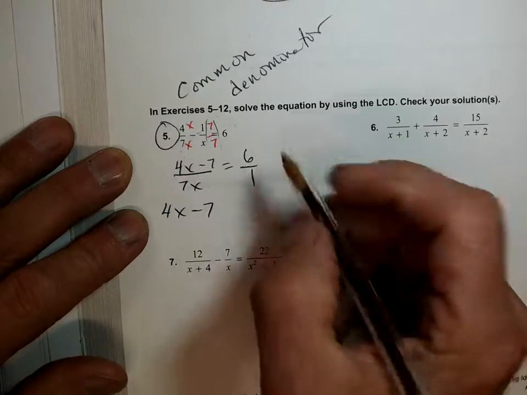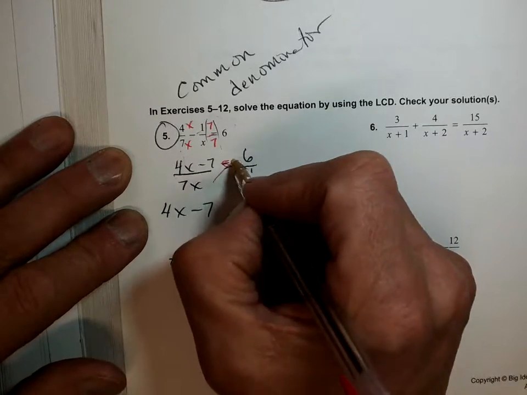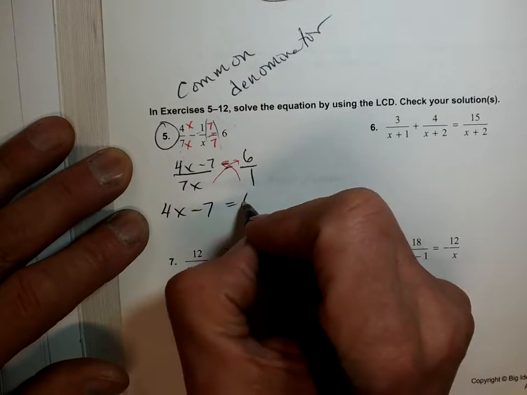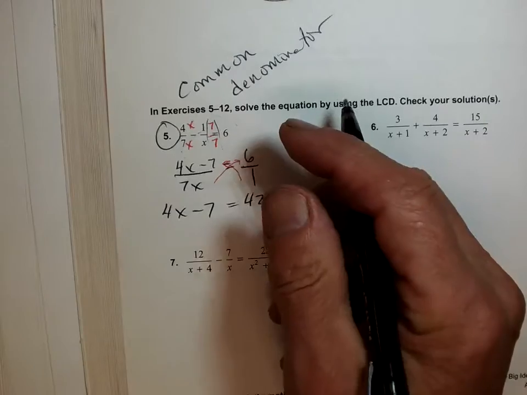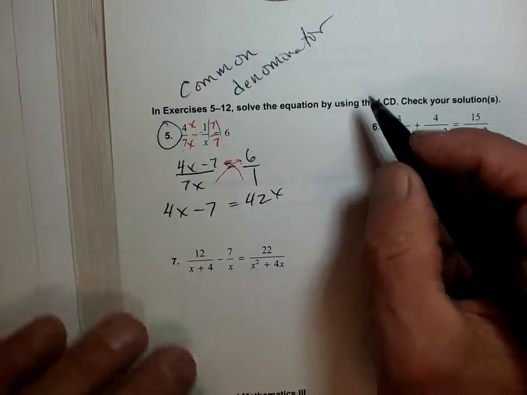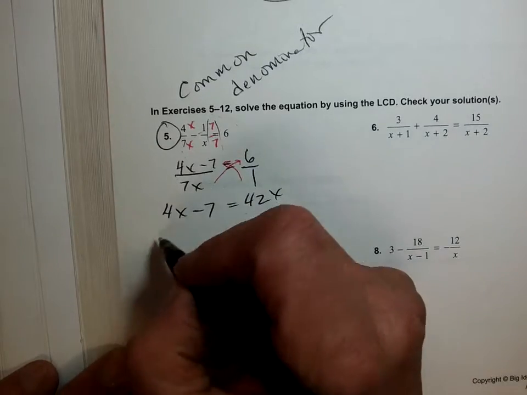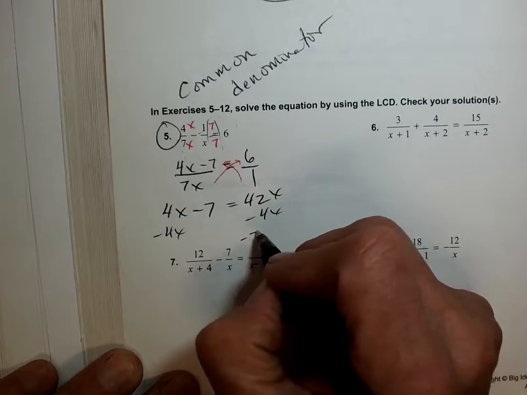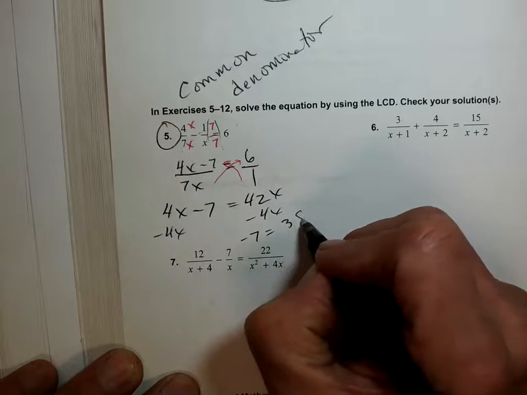So I'm cross multiplying, right? And I'll take the 7x times 6, and I get a 42x, okay? 42x, thank you. Okay. Solving minus 4x, minus 4x, I get a negative 7 equals 38x.